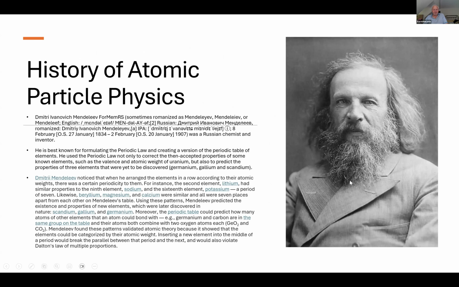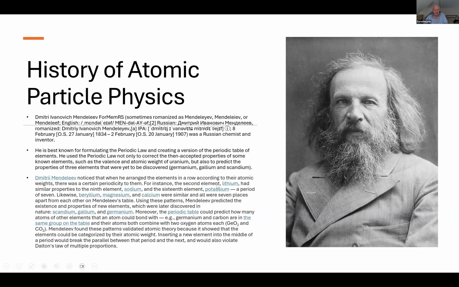So this leads us up to Mendeleev. Mendeleev was known for formulating what's called a periodic law and creating a periodic table of elements. He noticed when he arranged the elements in a row according to their atomic weights, there was a certain periodicity to them.